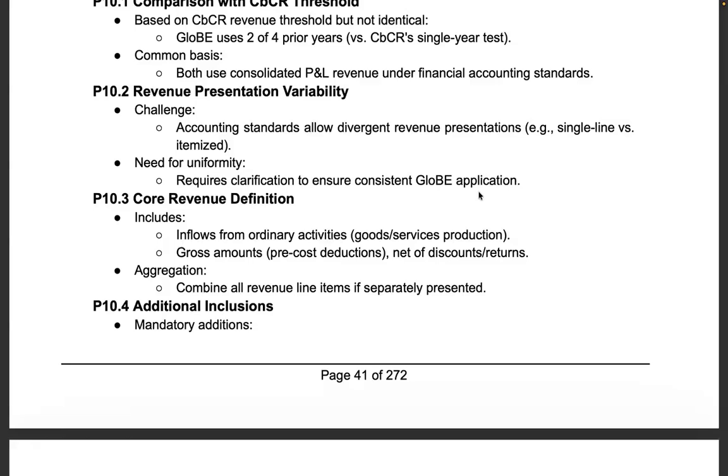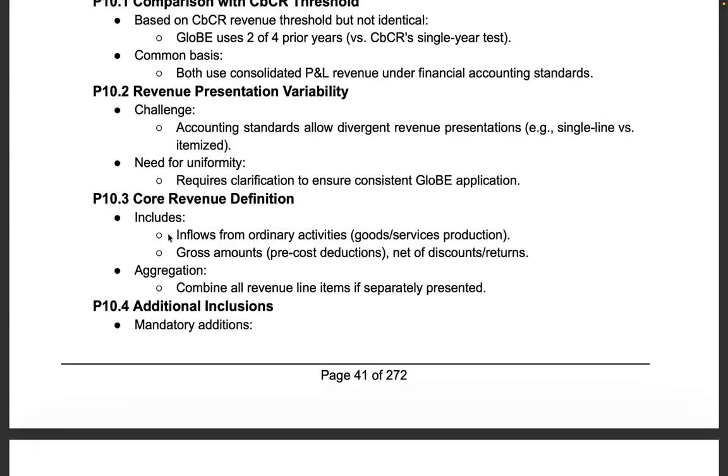Now, aggregation, which has been discussed earlier as well: combine all revenue line items if separately presented. Why is this paragraph 10.3 important? Because of the revenue threshold of 750 million euros. If you want to really test it, it is important for us to be able to segregate the gross revenue in line with the definition, the gross inflows.